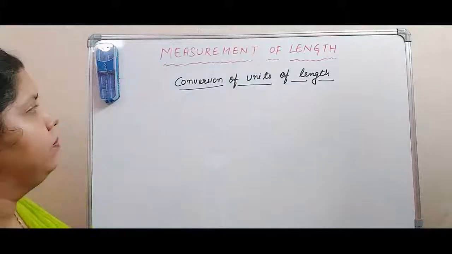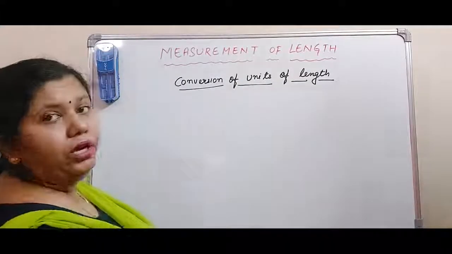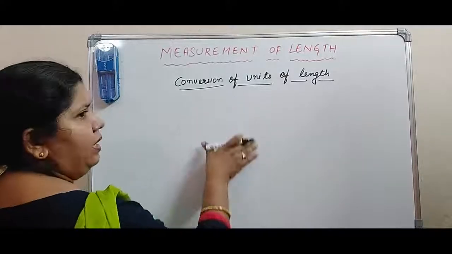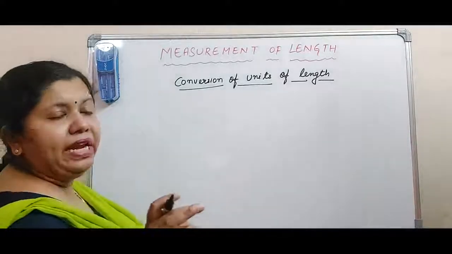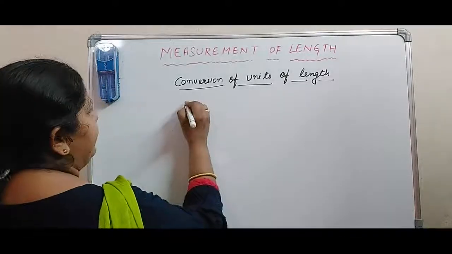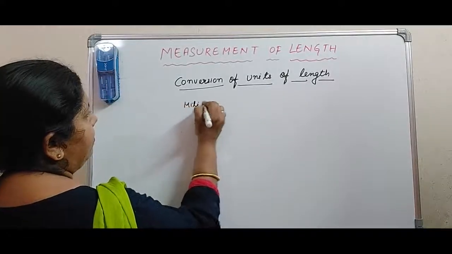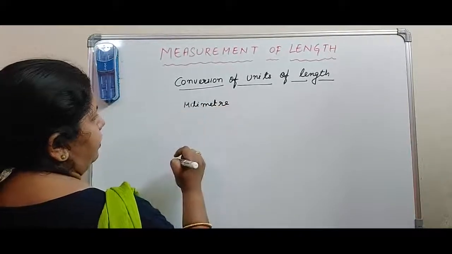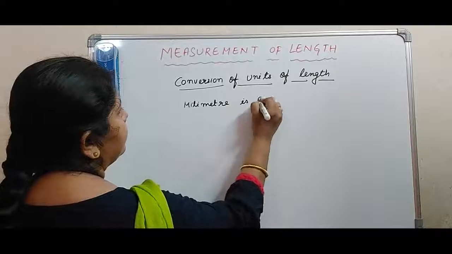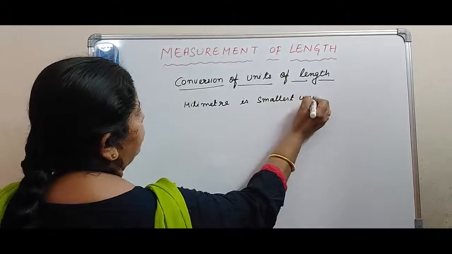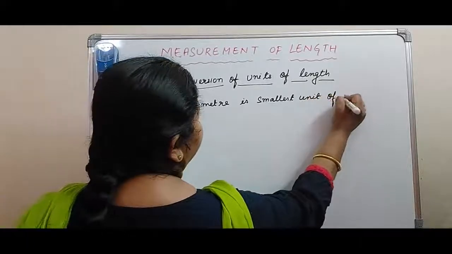One is smaller unit and bigger unit. See, when we write down the units in their ascending order, then first comes millimeter. Millimeter will come first obviously because it is the smallest unit of length.